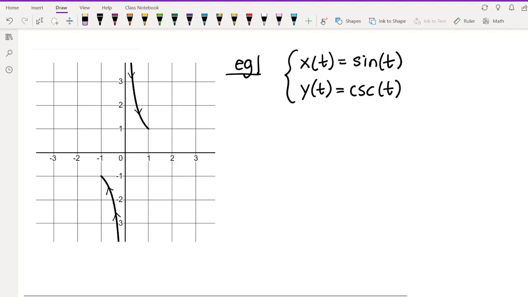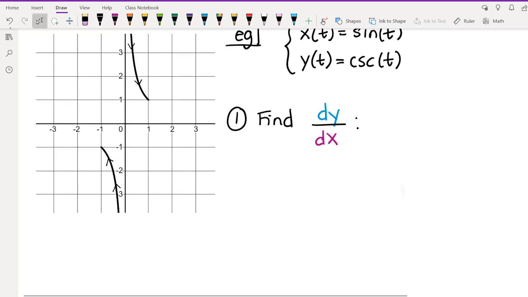But yeah, so basically all I want to do for this example is find dy/dx and also the second derivative. So first let's find dy/dx. Okay, so what is dy/dx going to be in this case?